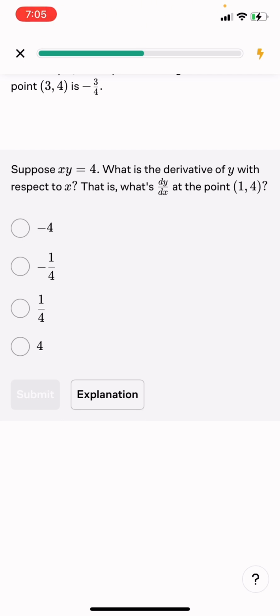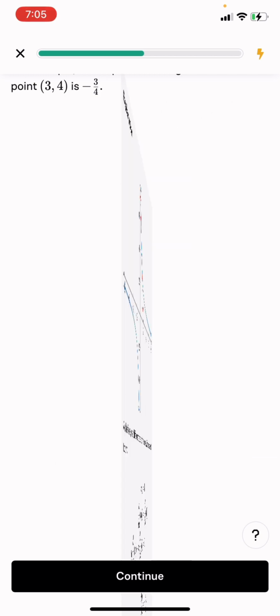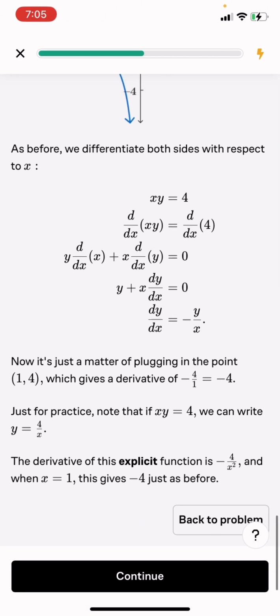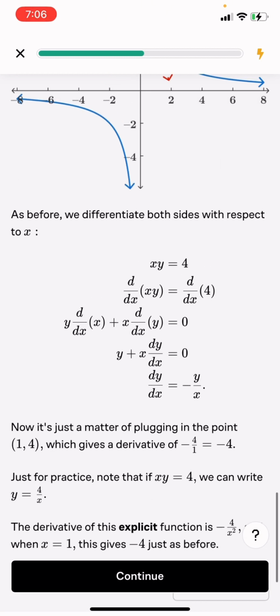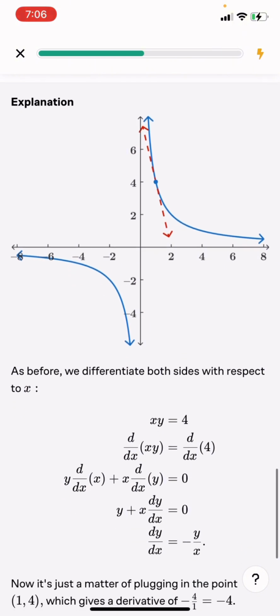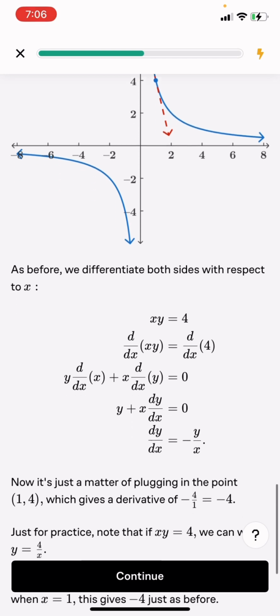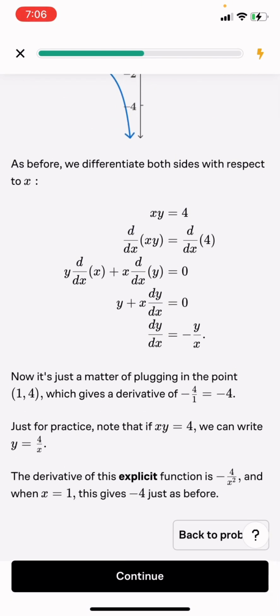It would just be rather the opposite. Would they just be technically the same thing, though? Before we differentiate both sides with respect to x, y equals 4.